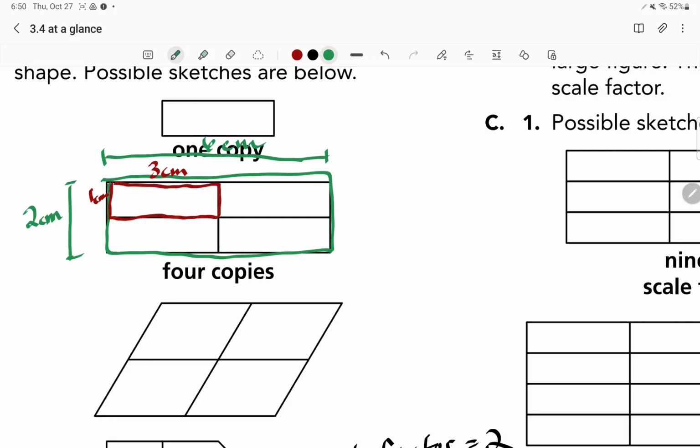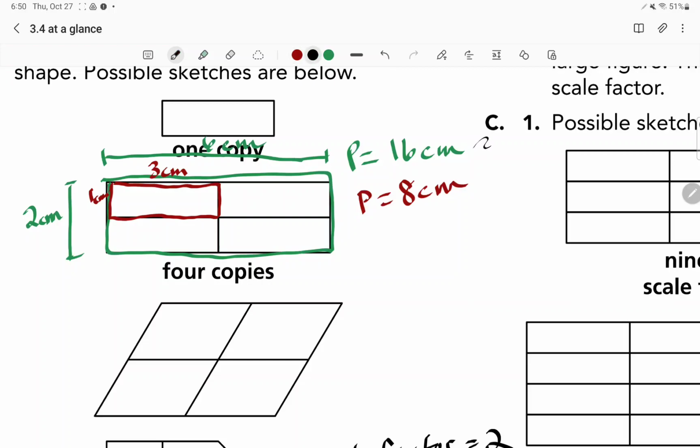Because I know if the scale factor is 2, the perimeter has a scale factor of 2 as well. So when I go through and add them together, the perimeter of the large one is going to be 12, 13, 14, 15, 16. And the perimeter of the small one is going to be 8 centimeters, right?